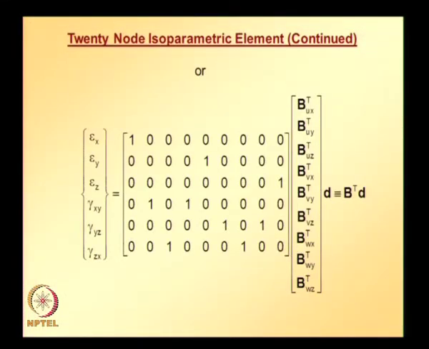Basically all these details are similar to what we already looked at for the 8 node hexahedral element, except that dimensions of matrices and vectors are going to be longer. So, strain can be compactly written as B d.